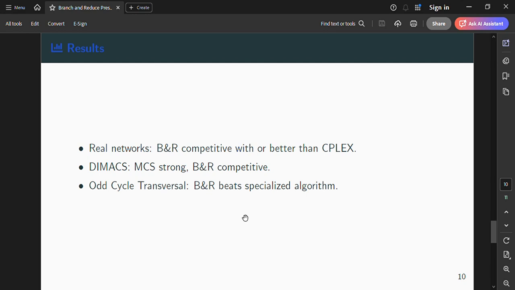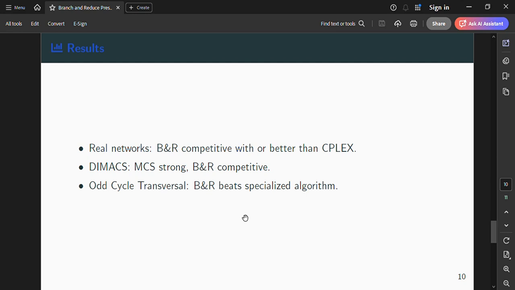The results on real sparse networks: branch and reduce is generally competitive with CPLEX and sometimes much faster, especially on larger spatial, social and web graphs. In some instances, B and R solved cases where CPLEX timed out.